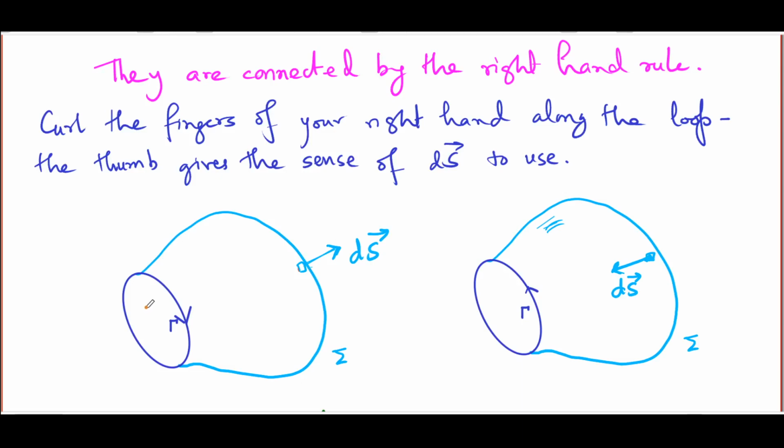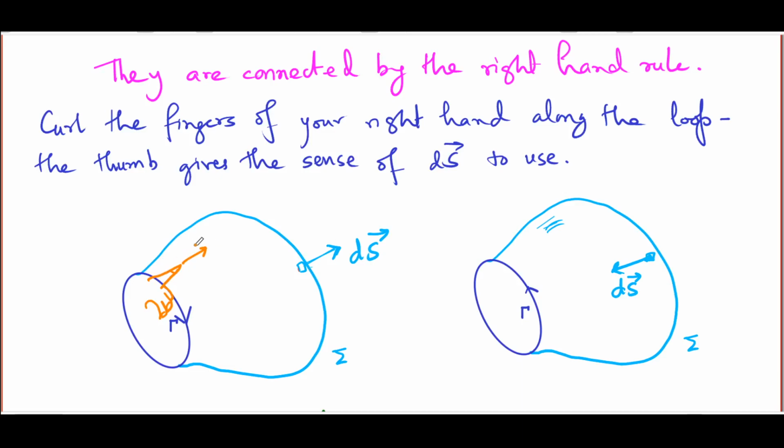You imagine that you are curling the fingers of your right hand in the direction in which the loop is being traversed. Of course, you have to imagine a better drawn figure than mine, but still. Then the extended thumb of your right hand will give you the sense in which the direction of ds has to be chosen.